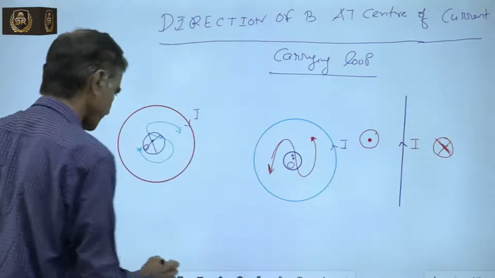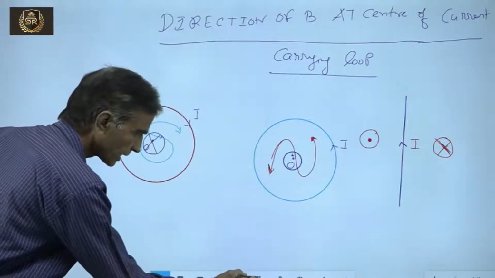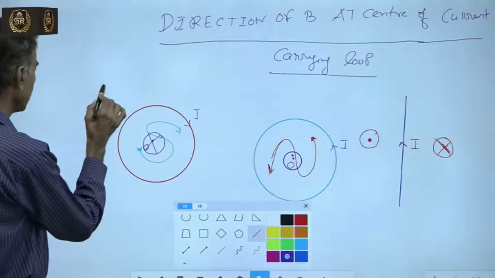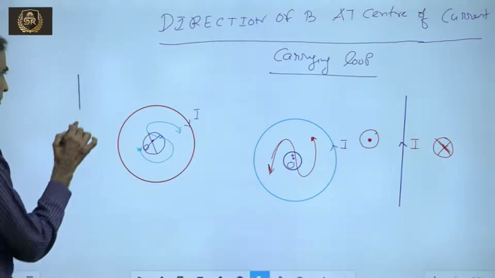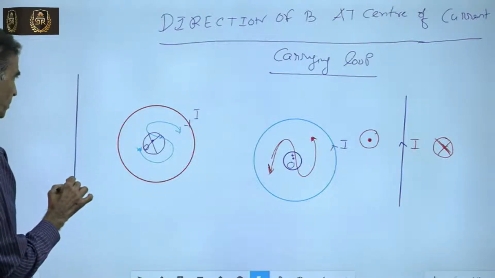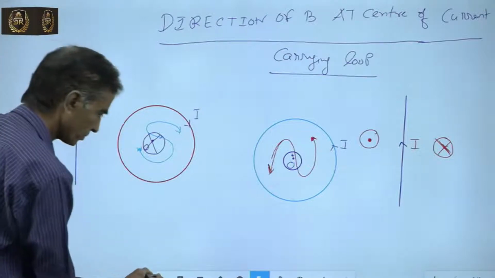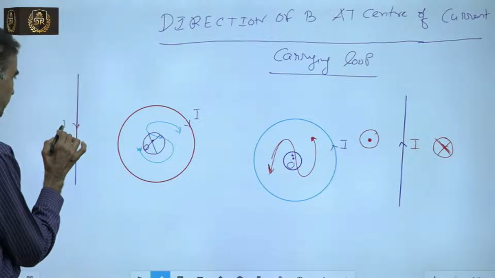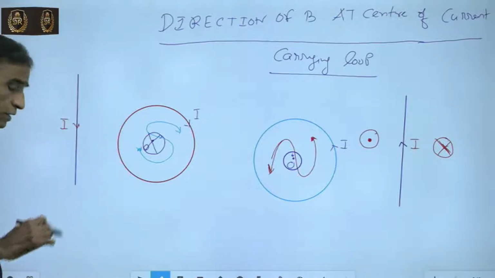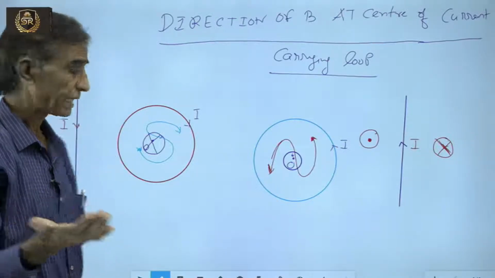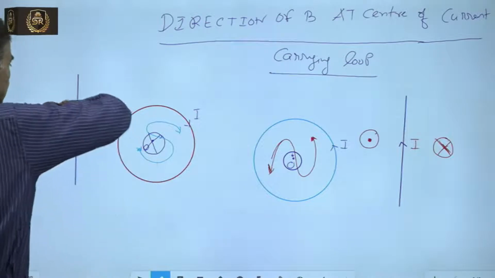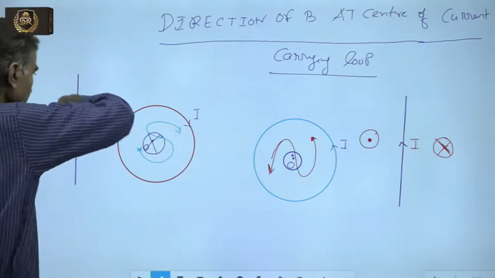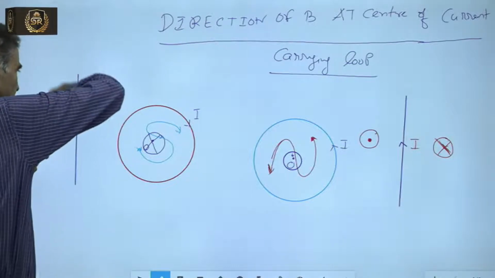But now if it is clockwise current, that means downward current. Here we are taking downward current, I in the downward direction. Now you take the right hand palm rule, and assume that you are holding the conductor with the thumb in the direction of current.